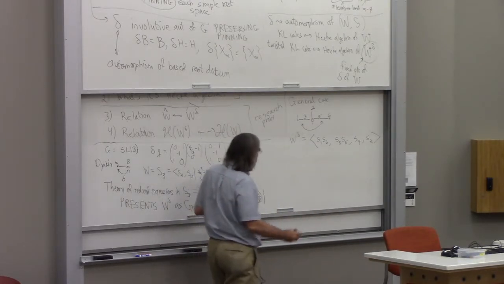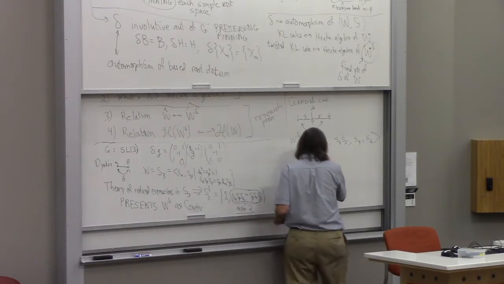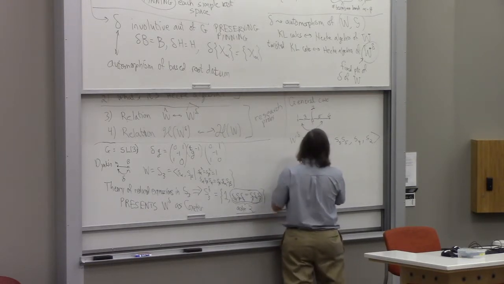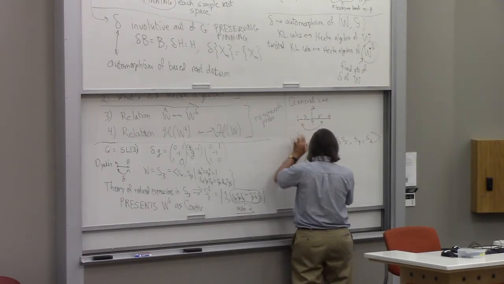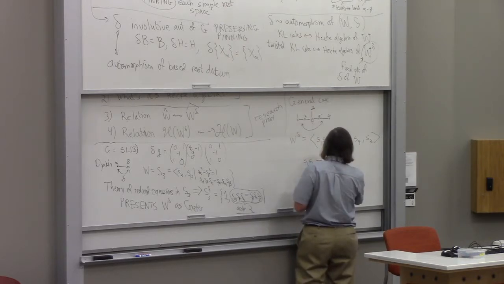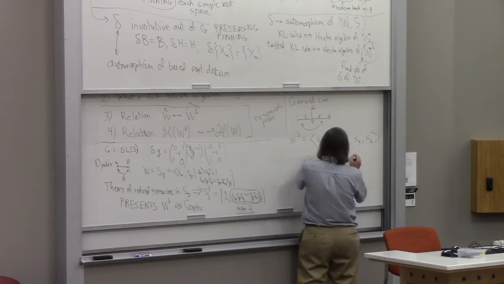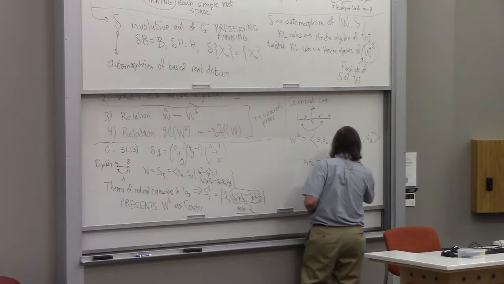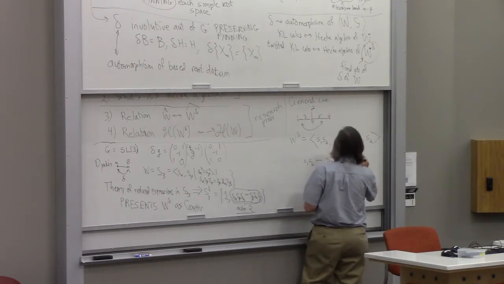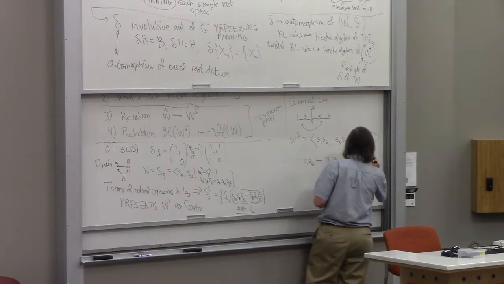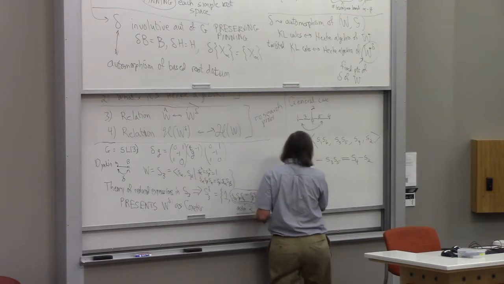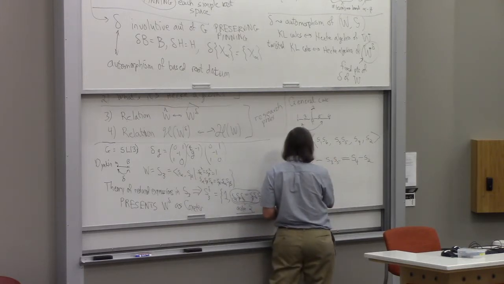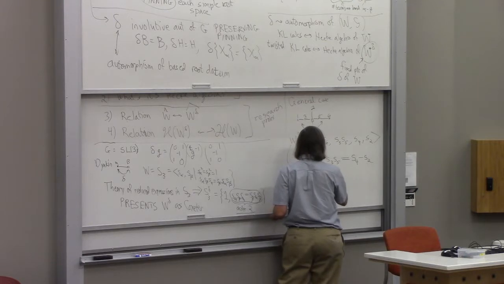What are the adjacencies? This S1 S6, you can imagine, is adjacent to S3 S5, and this turns out to be a double bond to S4 and S2. I won't say more, but this is a Coxeter group of type F4.